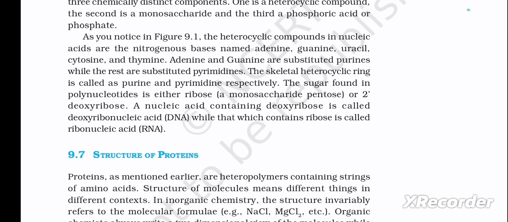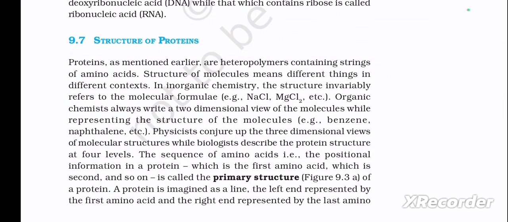The sugar found in polynucleotides is either ribose, a monosaccharide pentose, or 2-deoxyribose. A nucleic acid containing deoxyribose is called deoxyribonucleic acid, that is DNA, while that which contains ribose is called ribonucleic acid, that is RNA.